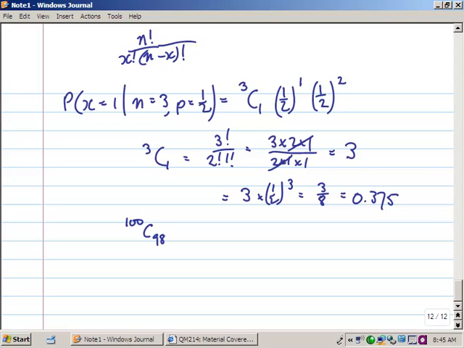Okay, you're looking for 98 good parts out of 100, of course then 2 defects. Anyway, that would be 100 factorial divided by 98 factorial times 2 factorial, and some of you are thinking to yourself, 100 factorial is real long and I'm not going to write all that out. You're right, I'm not going to do that.